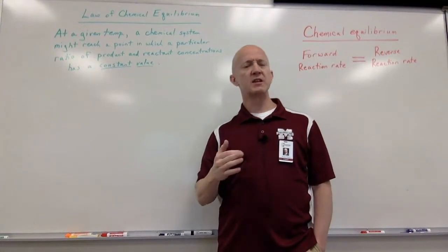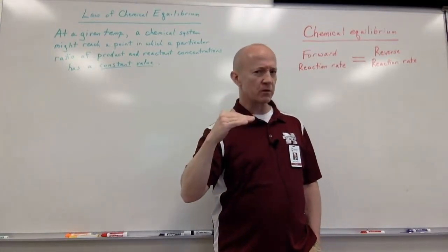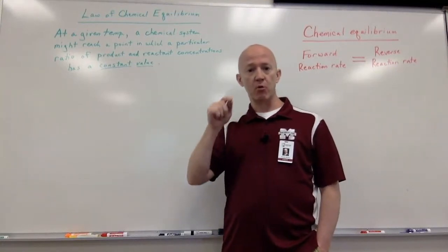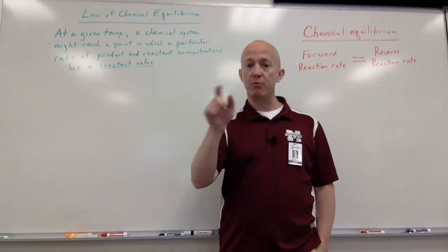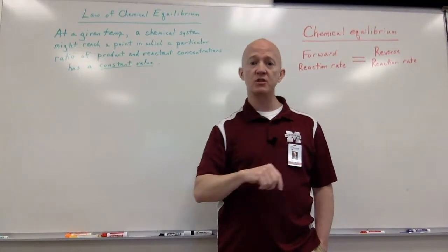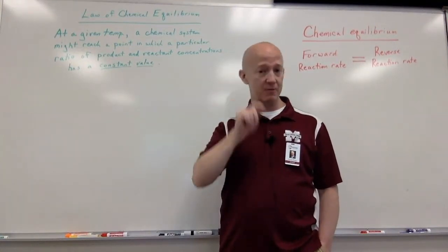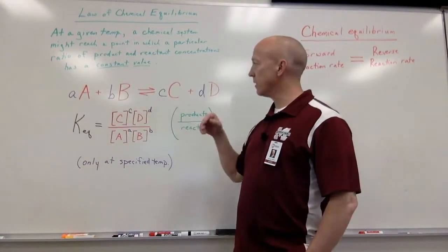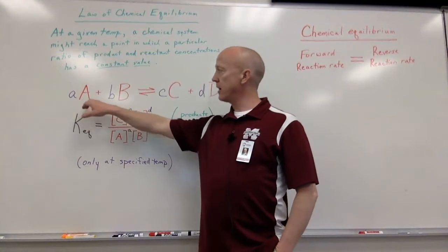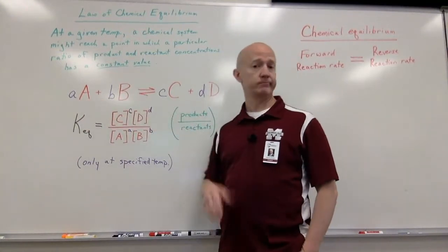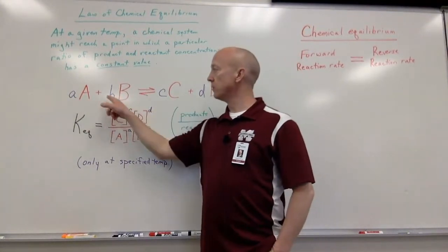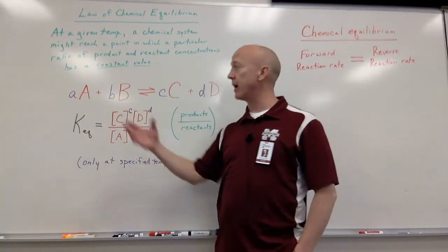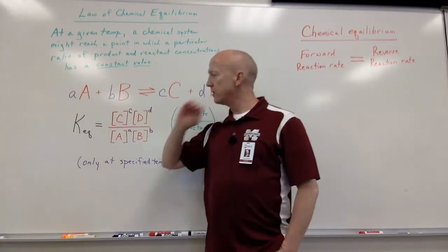equilibrium, which says that at a given temperature, a chemical system, a back and forth, might reach a point in which a particular ratio of products and reactant concentrations can have a constant value. As an example, we have a generic reaction here, a reversible reaction, A plus B yields C plus D. Okay? Now these little letters in purple represent any kind of coefficients that we might have in front of each of these.